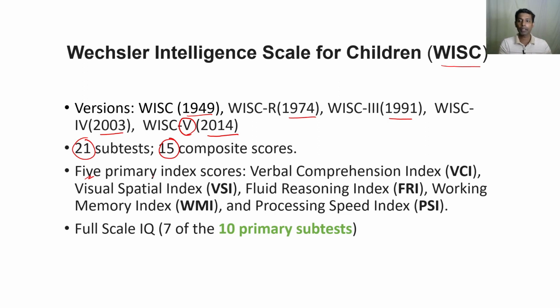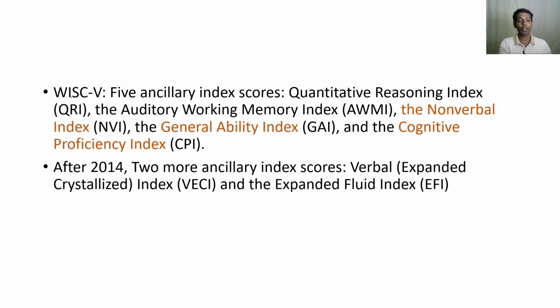So how do we calculate the full scale of the WISC? Based on 7 of the 10 primary subtests. There are 10 primary subtests, and 7 of them can be used to calculate full IQ. That means there are other subtests too, other than the primary ones. One contribution in WISC-V is that ancillary index scores can be calculated.